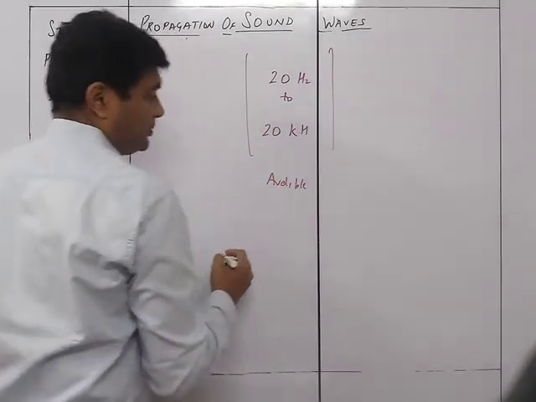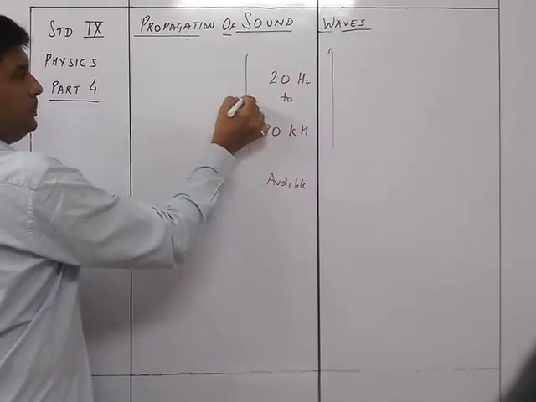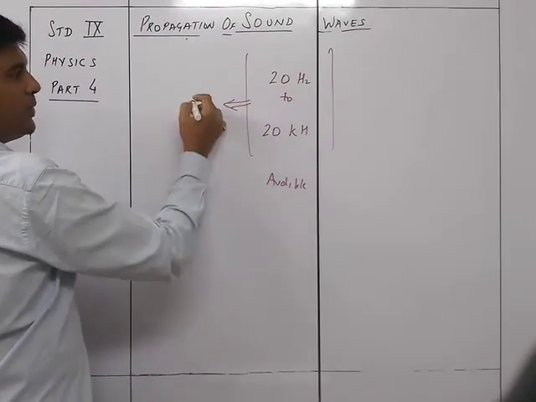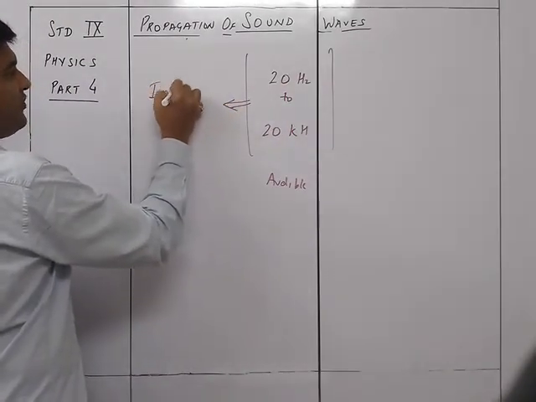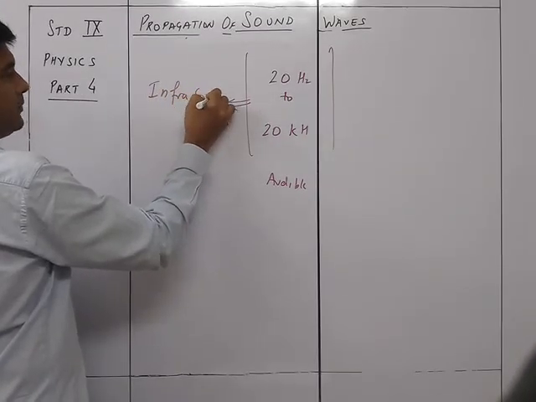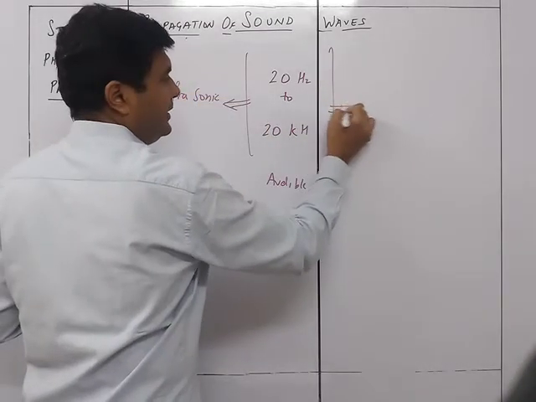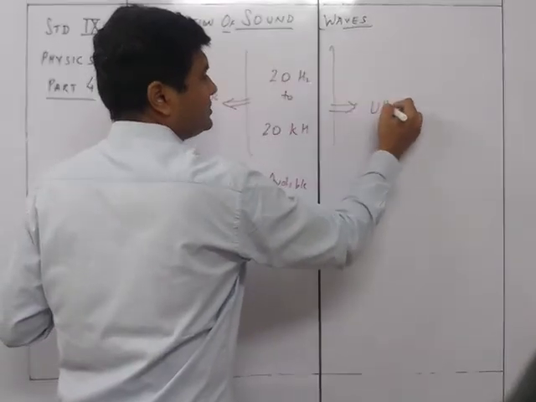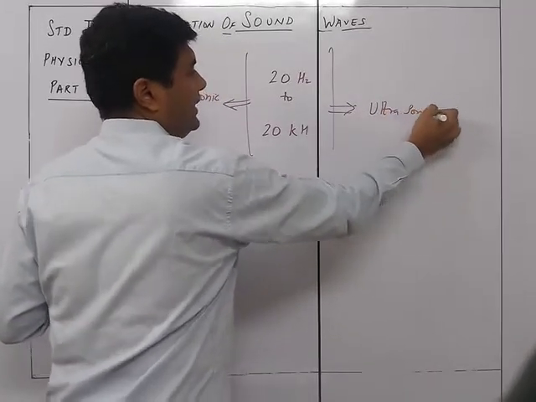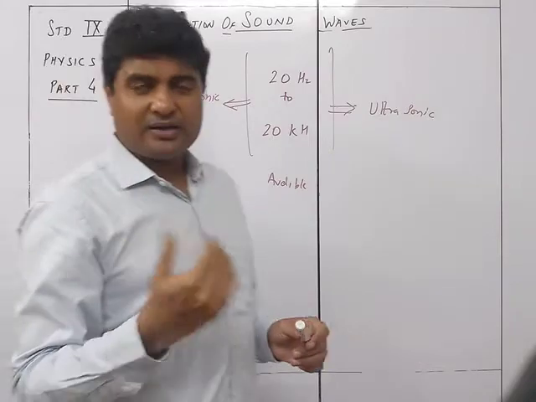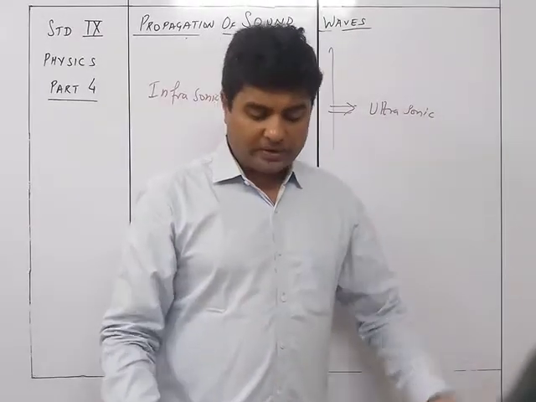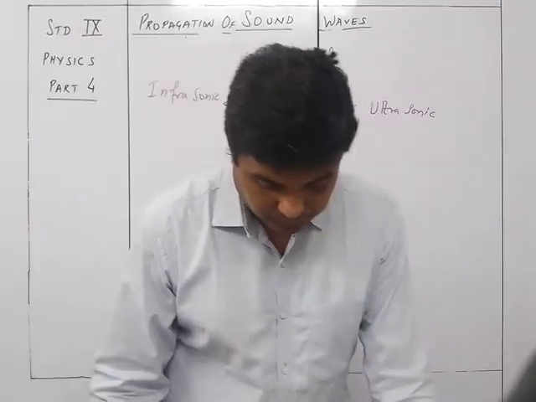Okay, this is the audible sound. The one which is below 20 hertz is infrasonic, and above 20 kilohertz is called ultrasonic. Infra means less than 20 hertz, ultrasonic means more than 20,000 hertz.